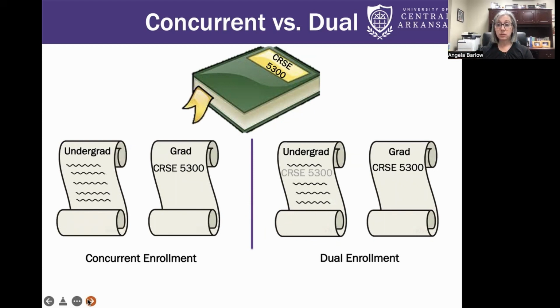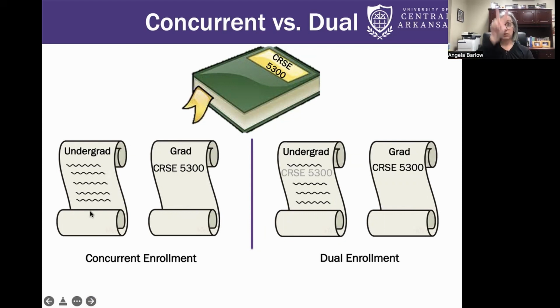So when you look at these two side by side, it is important to remember the terminology. So I want to point out how I remember the difference in the two. Here we see that they're taking this graduate course, and it's a part of a graduate transcript, and they're doing that simultaneously as they're taking their undergraduate classes.